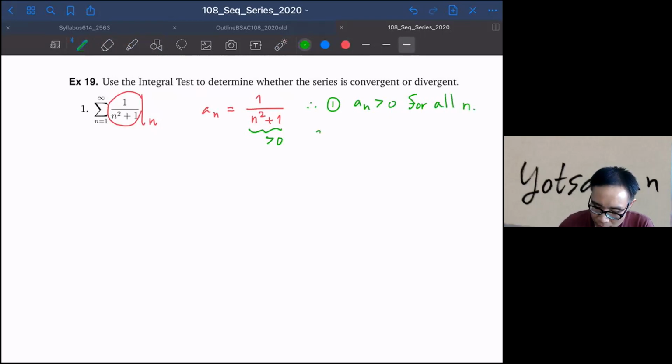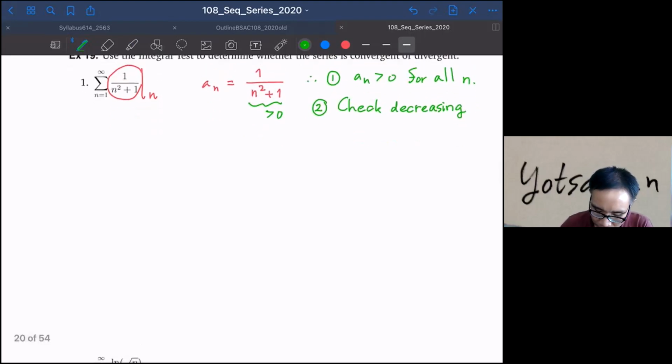The second one, you check decreasing. The way to check decreasing, I told you, is that you can use direct comparison or you can just differentiate. For this one, let's use direct comparison.